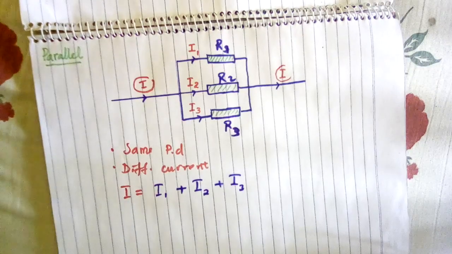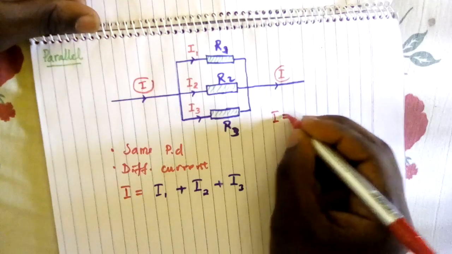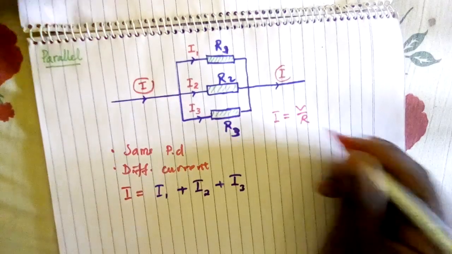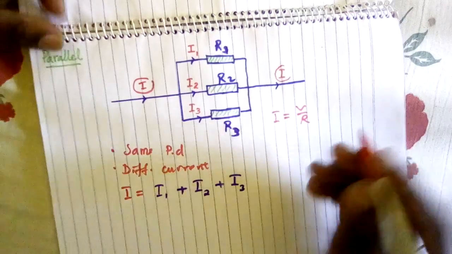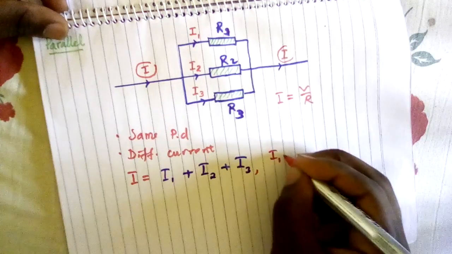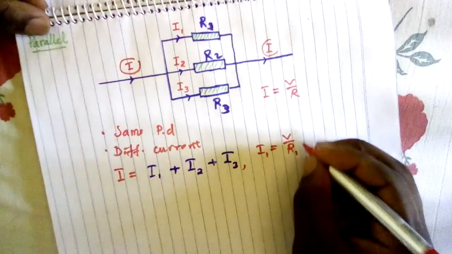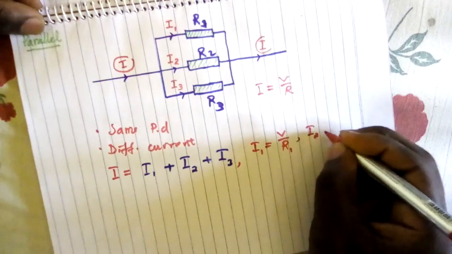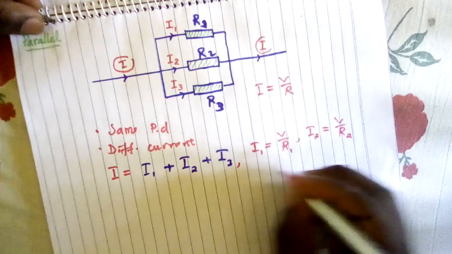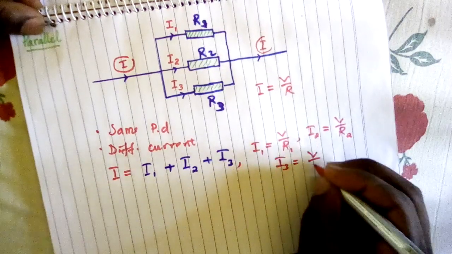And then from Ohm's law, we know that I is V over R, where R is the equivalent resistance. So we can go ahead and say that I1 is V over R1, I2 is V over R2, and I3 is V over R3.